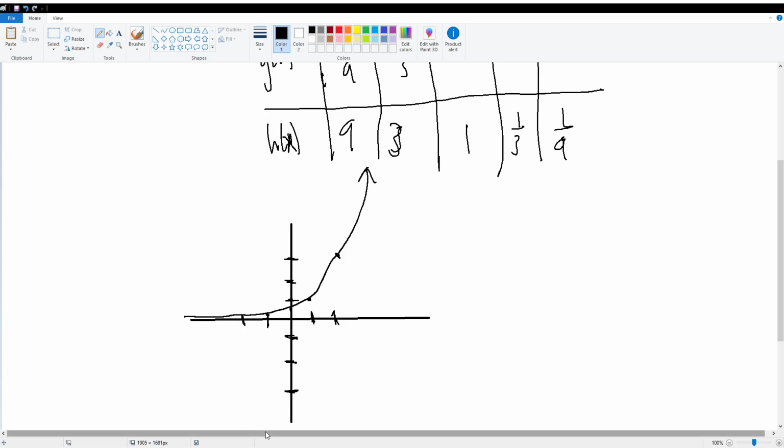And I'll do h of x. So when x is equal to -2, we have an output of 9. When it's -1, it's 3. When it's 0, it's 1. When it's 1, it's 1/3. And when it's 2, it's 1/9.